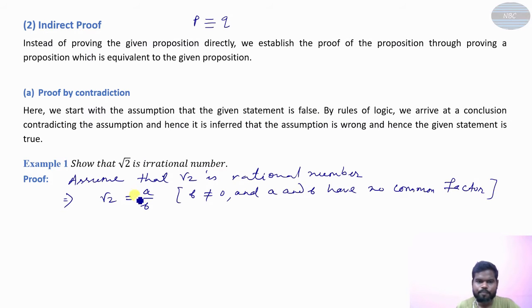So it can be written as root 2 equals a by b, which implies a is equal to root 2 times b. Squaring both sides, a square is equal to 2b square.